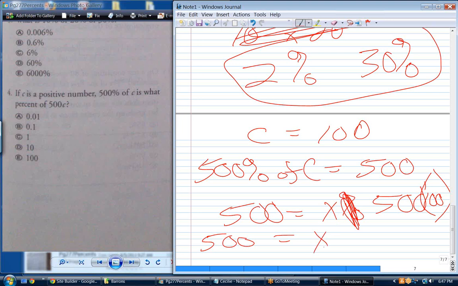So what decimal is x? And then we'll make it that percent. So 500 is what of 50,000? What fraction? What is x equal to?